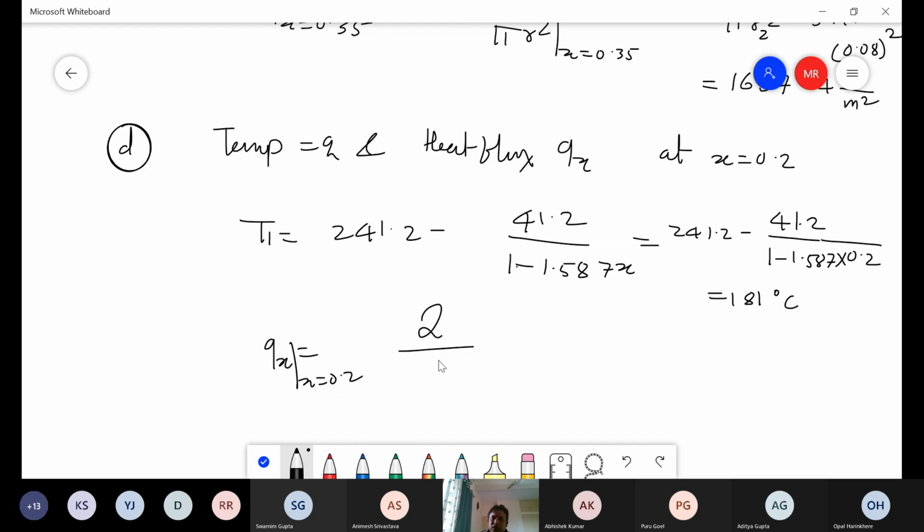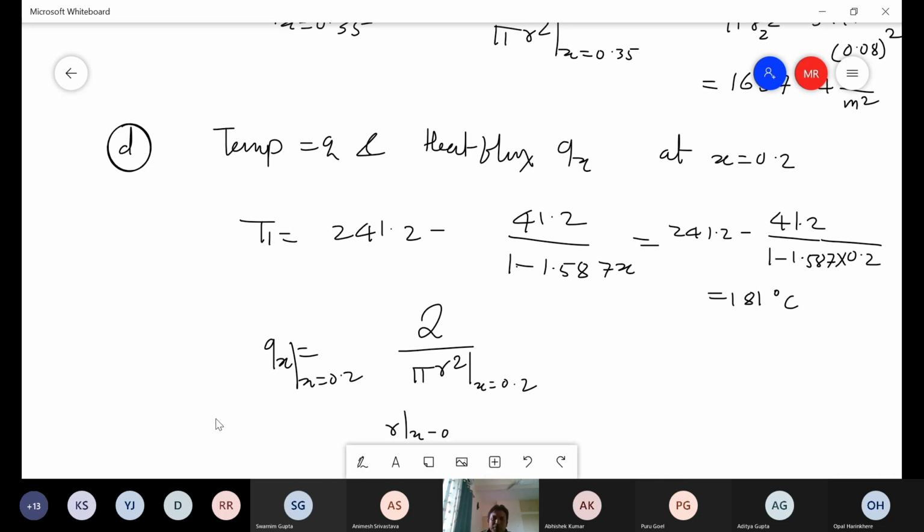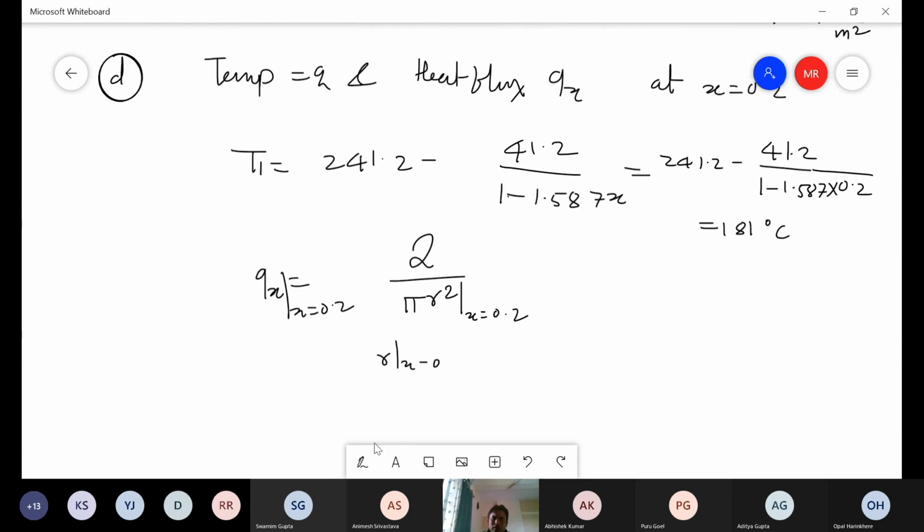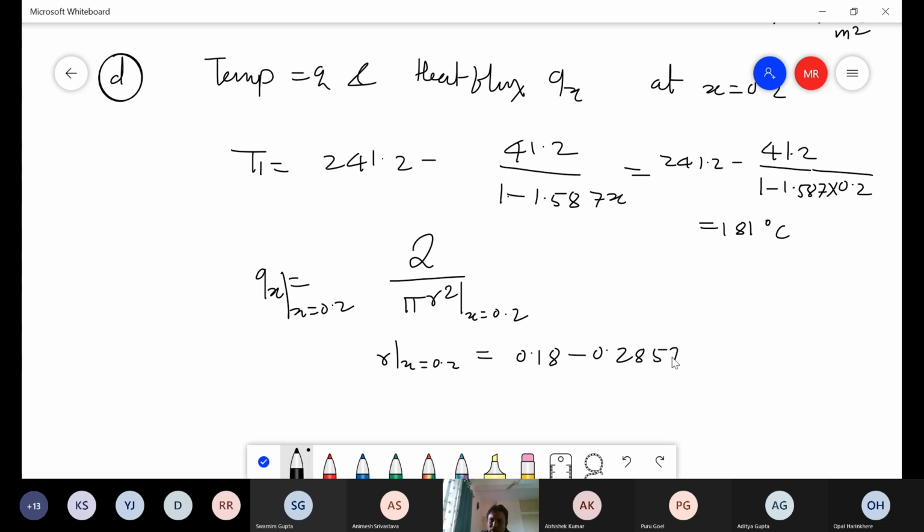Similarly, now Qx at x equals 0.2 we are interested in. So that becomes Q divided by pi r square, and this r should be at x equals 0.2, isn't it? So let's find out what is the r at x equals 0.2. That can be directly obtained from the equation. Remember, r is related to x by the equation which we have already written earlier: r equals 0.18 minus 0.2857x.